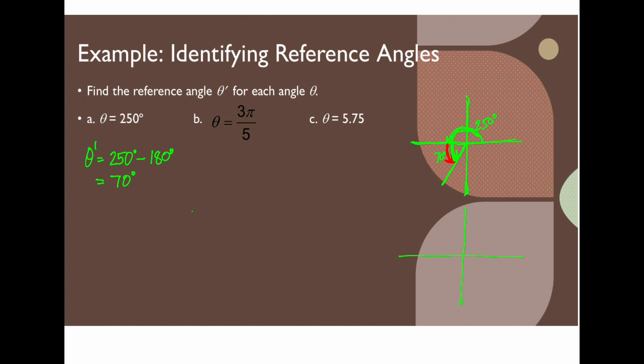And 180 divided up 5 ways is 36. And so with pi over 5, if I have 3 of those, that's 3 times 36. We know 3 times 30 is 90, so this puts us a little bit more past 90. 6 times 3 is 18, so at 108 degrees.